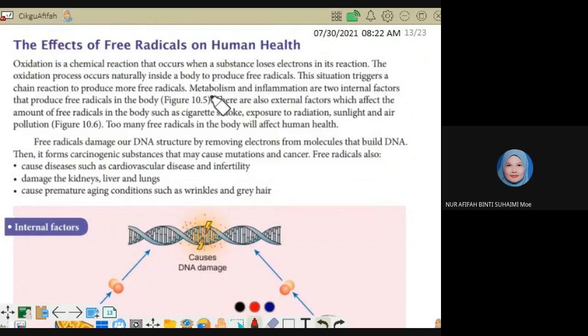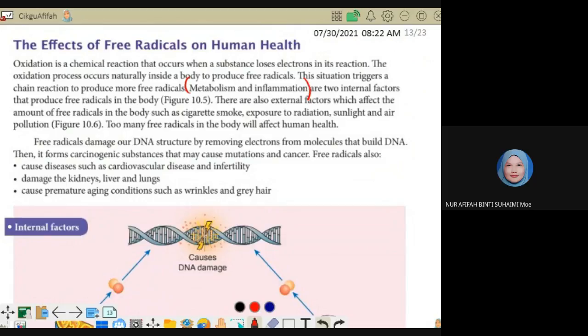Right. In our body, we have two types of process that undergo oxidation process, which is metabolism and inflammation. Okay, metabolism and inflammation inside our body. Metabolism means you eating lah.